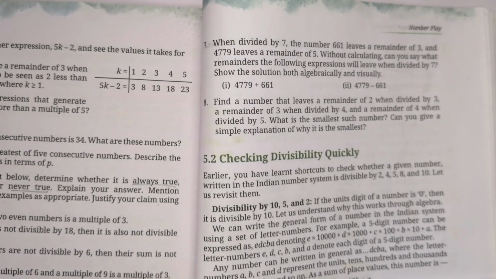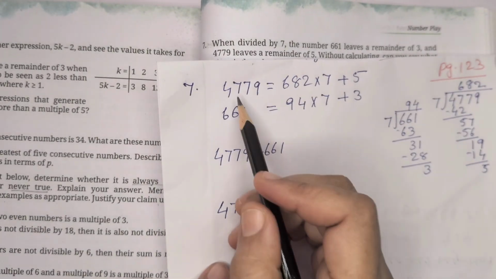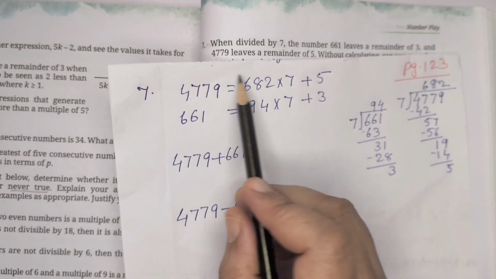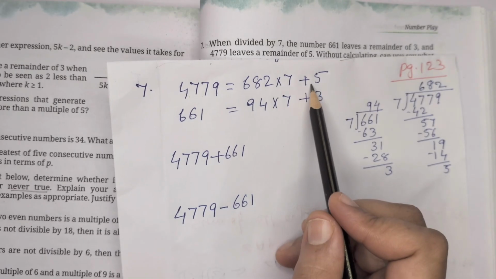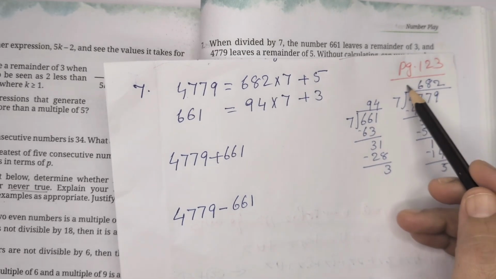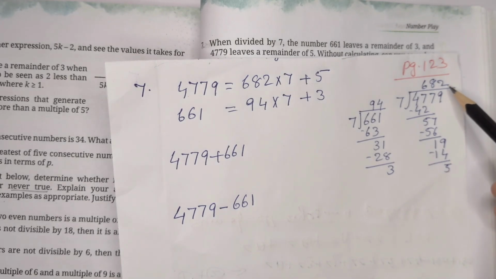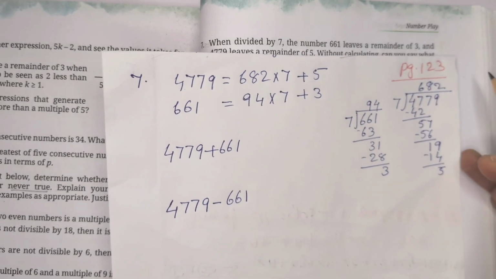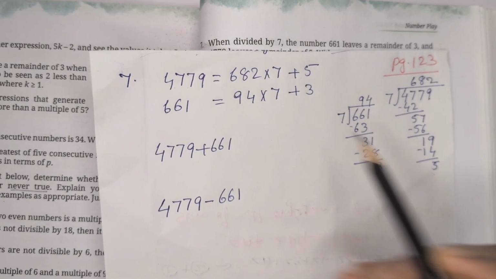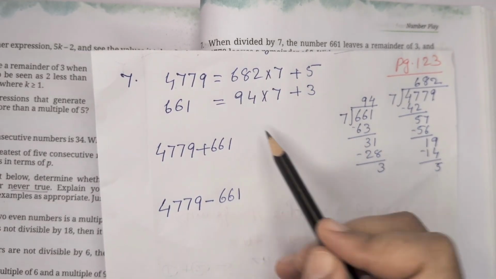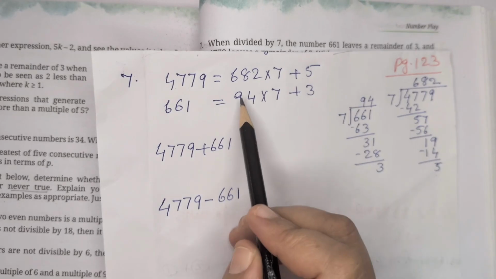So first we can write the number 4779. When we are dividing by 7, the remainder is 5. If you want, you can check the division. Divide by 7, we will get 682 as the quotient and 5 is the remainder. This is not needed, but I showed that calculation here to make it more clear.